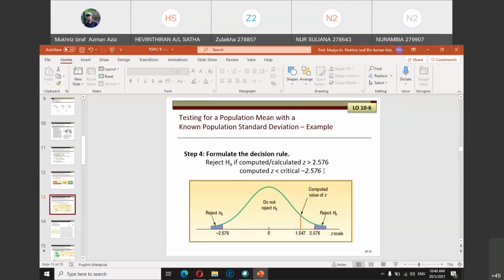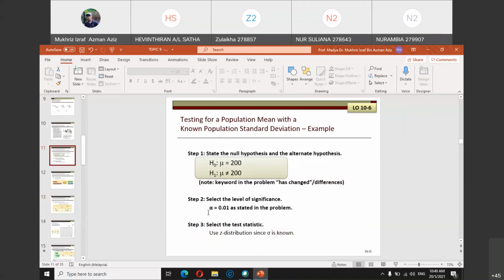So how do you determine this value to be 2.576? First, you need to know what is your alpha. Alpha is 0.01. Second, are you going to use one tail or two tail? Because that will affect the value of the critical value as well. In this example, our test will be a two-tail test. So your alpha, you need to divide by 2, because it's a two-tail test. If it is a one-tail test, meaning the sign for H1 takes the form of more than or less than, no need to divide by 2.